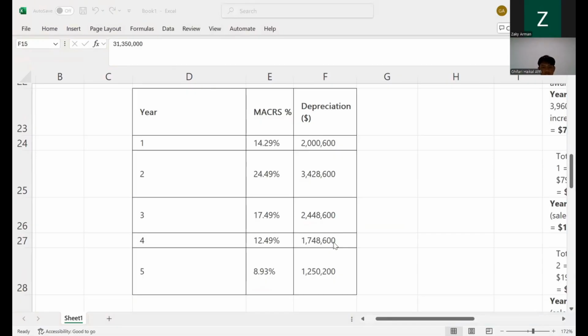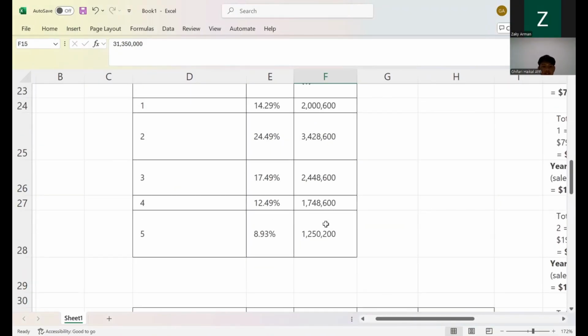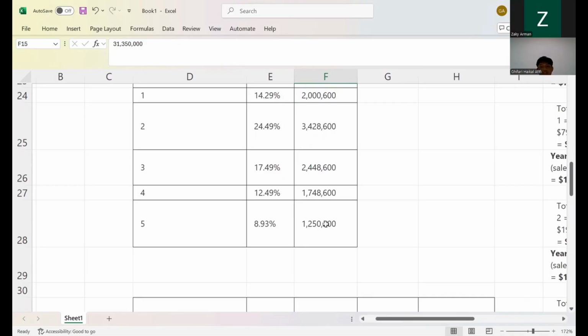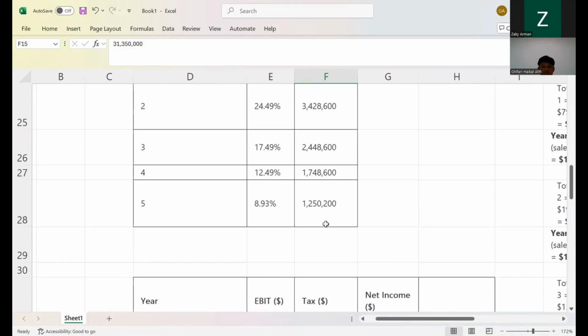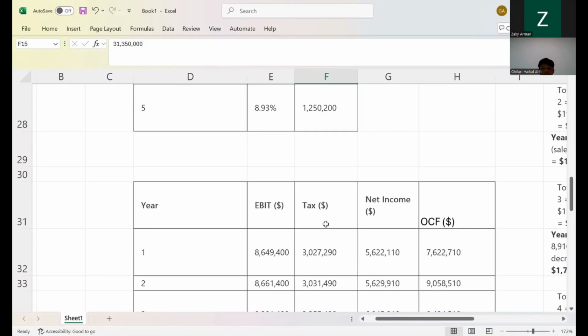And we get the depreciation: 2,600,000, and for year 2 it is 3,428,600. For year 3, 2,448,600. Year 4 is 1,748,600. The last one is 1,250,200.